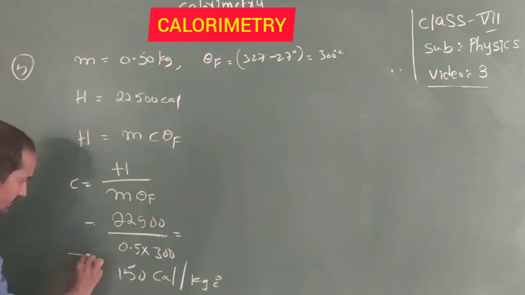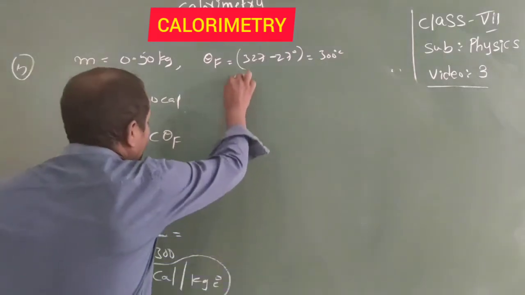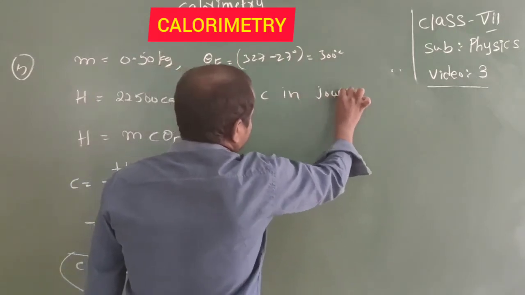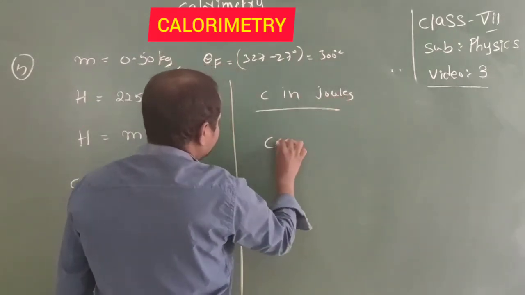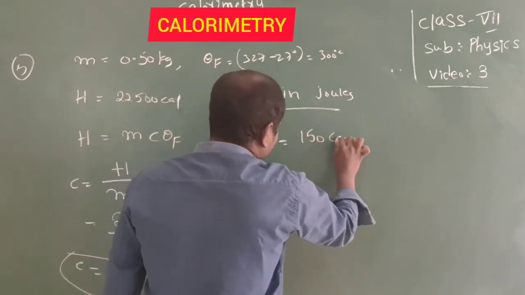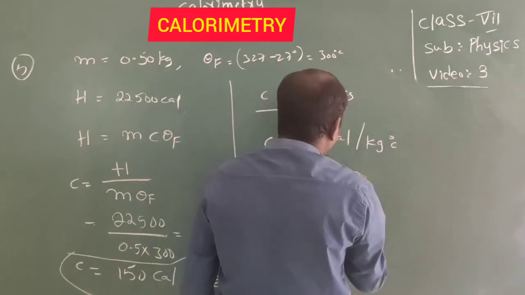It is the C value: 150 calories per kg degree Celsius. Now C in joules. Here C equals 150 calories per kg degree Celsius.